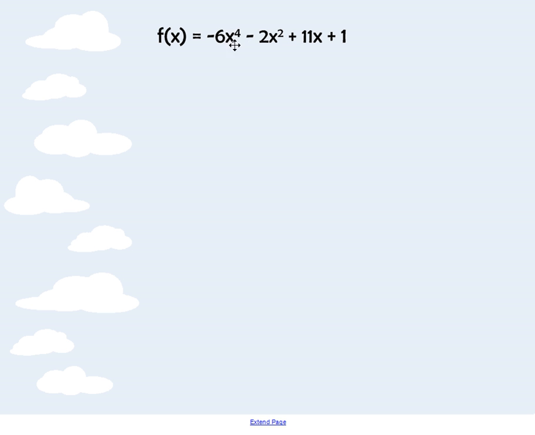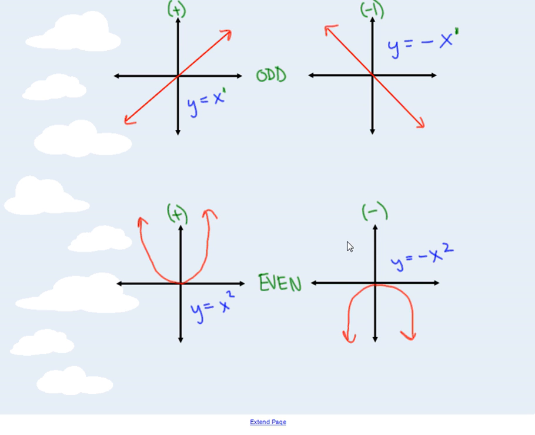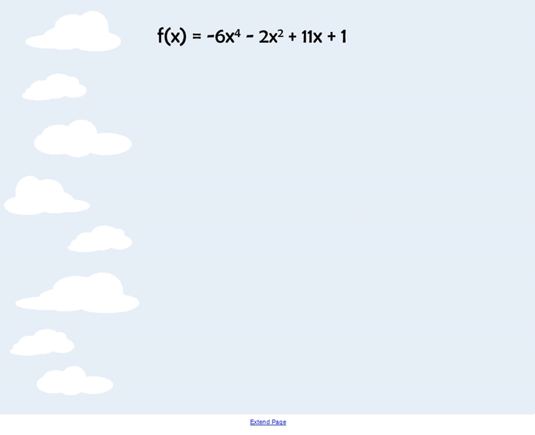On this next one, this one is going to be even. It's in standard form. Our exponent is a 4, so that's an even number, and it's negative. So think back to what that one looked like. That one's going to be an example like this. So it falls left, falls right. So that's what we're going to write for this one.